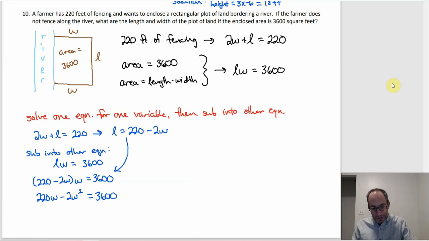And if we're solving a quadratic equation, we want to get a 0 on one side. So if you subtract 3,600 from both sides, and I'm also going to write these terms on the left right now in the opposite order, so we end up with something in standard form. So minus 2W squared plus 220W minus 3,600 equals 0.